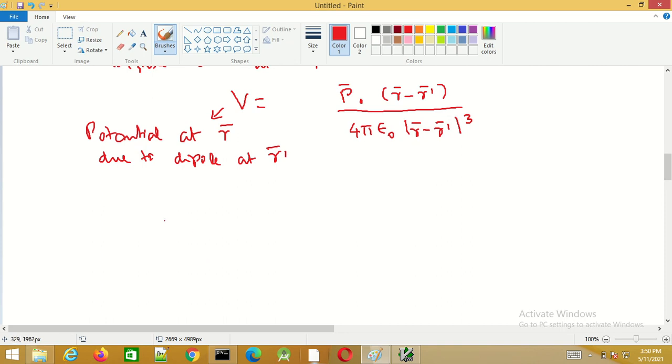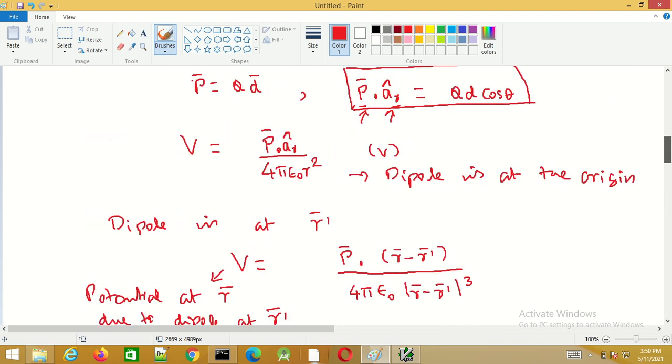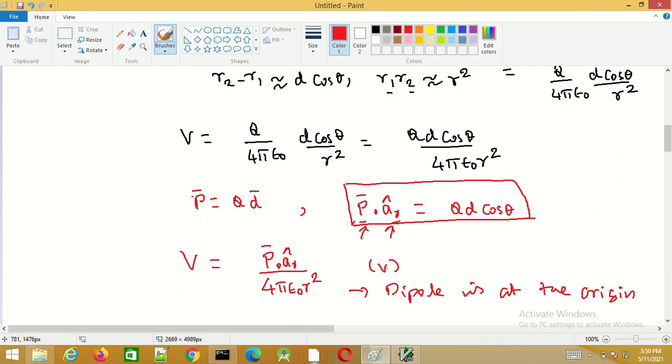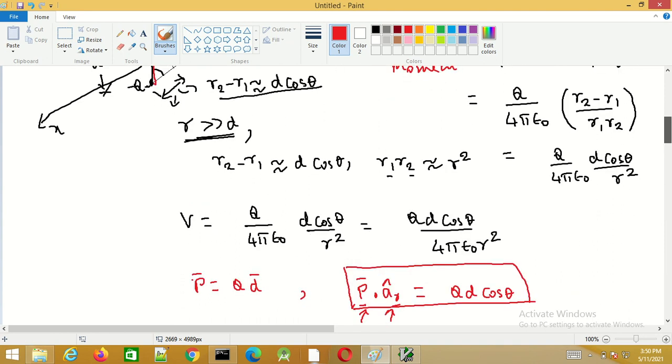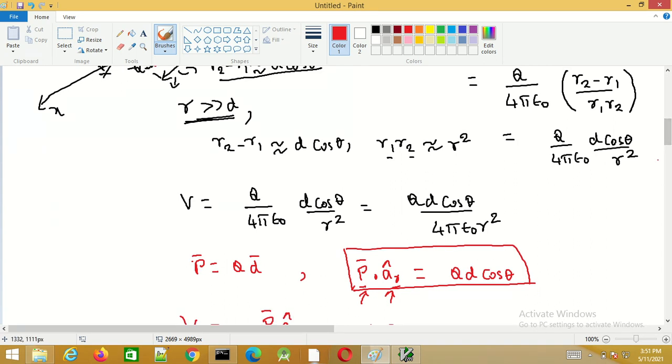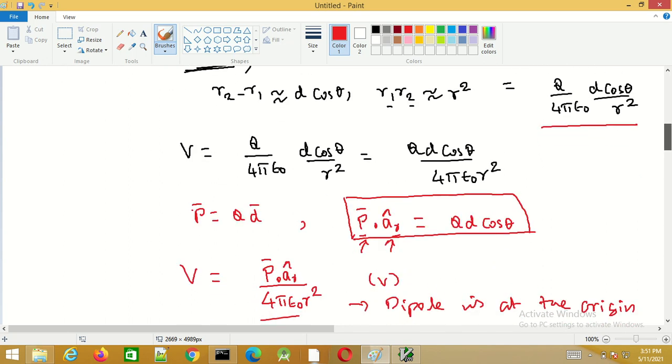From the above expression we can also obtain the electric field, which is given by minus gradient of V. We will assume again that the dipole is at the origin, that is, we will make use of this expression and obtain the expression for the electric field.